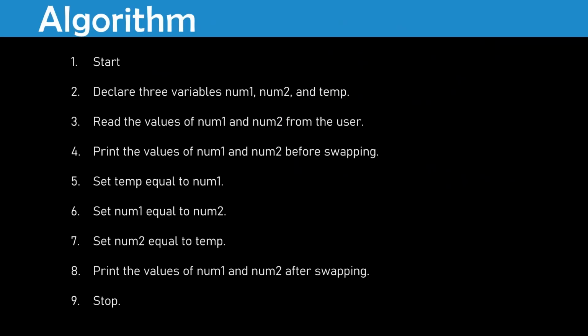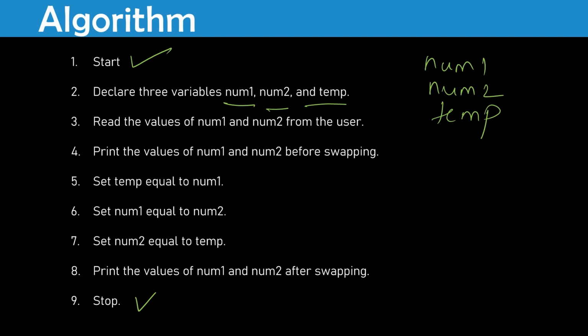Now coming to the algorithm. First, we need to start the program. As I told, these two steps are common. Here for algorithm purposes, I wrote three different names: num1, num2, temp. Think of these as A, B, C. What is the first step? C equals A. The next step?